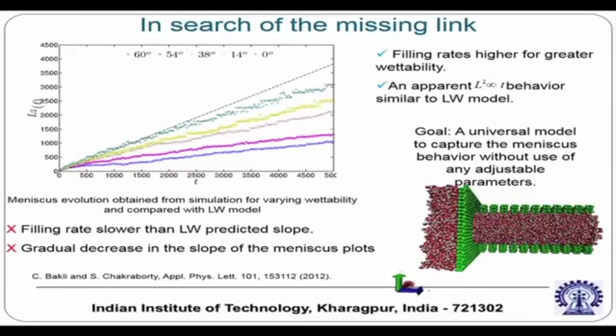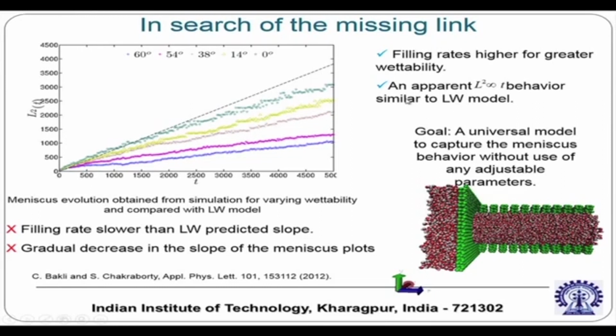All these things have to be taken into account, but you can see that more or less all these characteristics show L square proportional to T, similar to the classical Lucas-Washburn model.